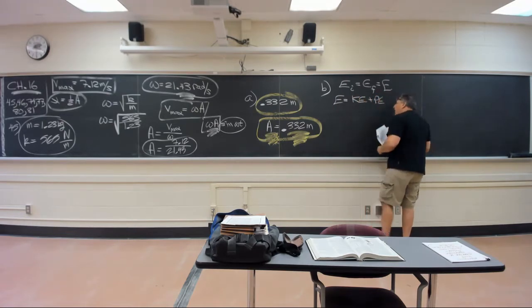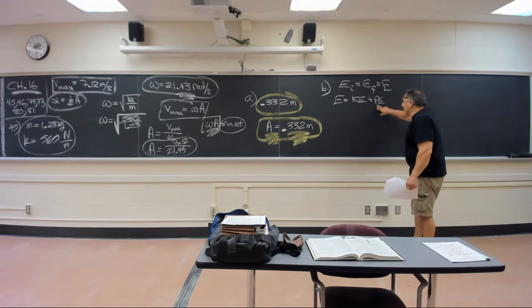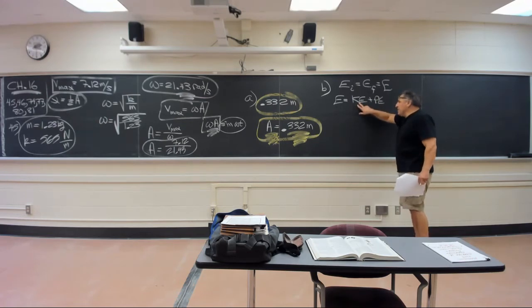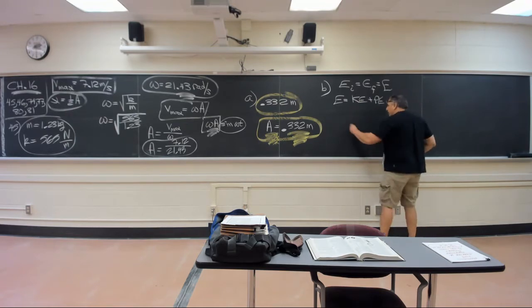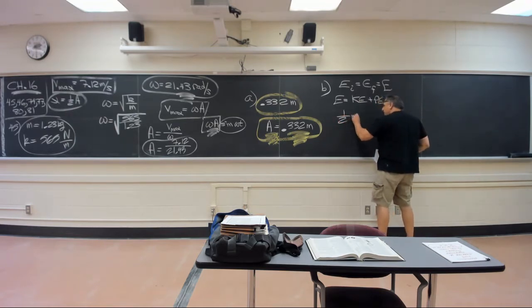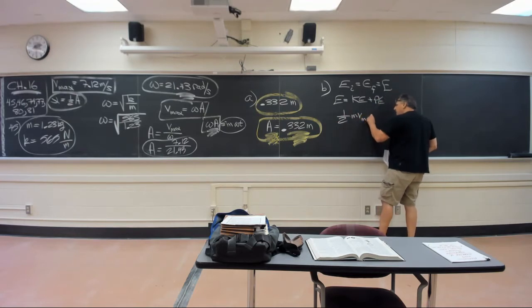There are times when it's all potential energy, no kinetic energy, when it's at the outskirts. When it's going right through the middle, it's all kinetic energy and no potential energy. So either one of these works. You could take 1/2 m V max squared. That's when it's going right through the middle.